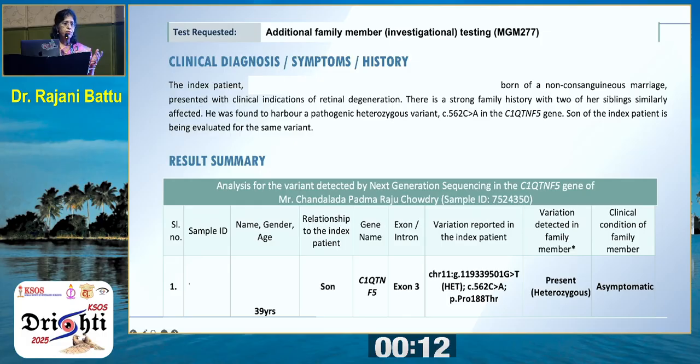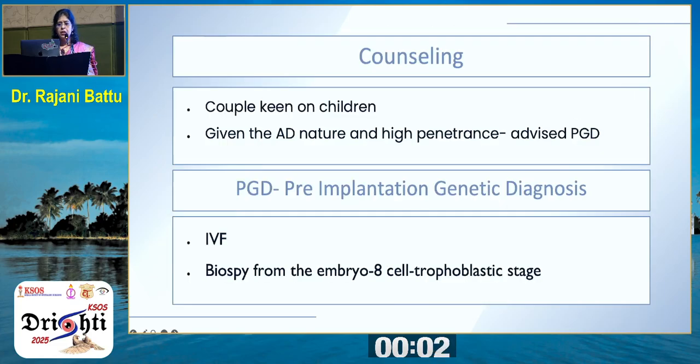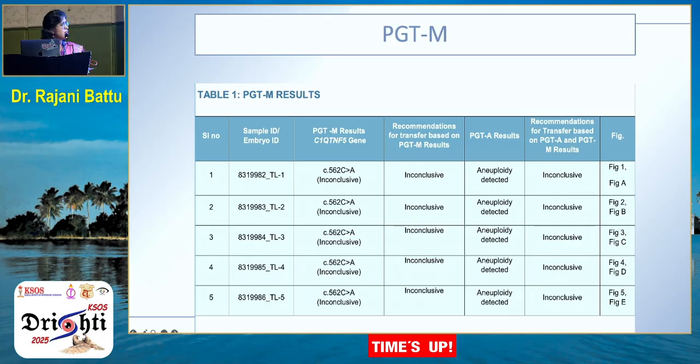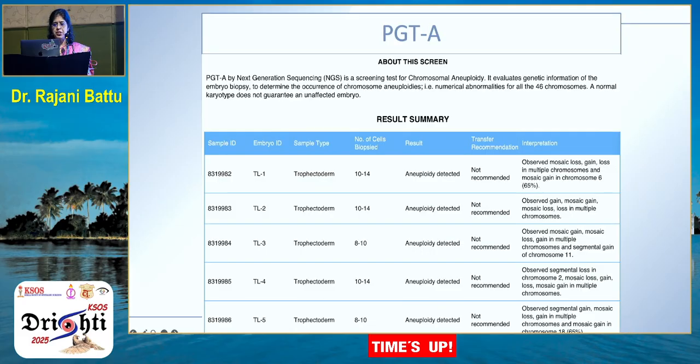In a normal pregnancy, there's a 1 in 2 chance, whereas today you can do an IVF, and there is something called pre-implantation genetic diagnosis that can be done. So what is done is, an IVF is done and a biopsy is taken from the embryo at the 8-cell stage. And then they are subjected to something called PGT-M and PGT-A.